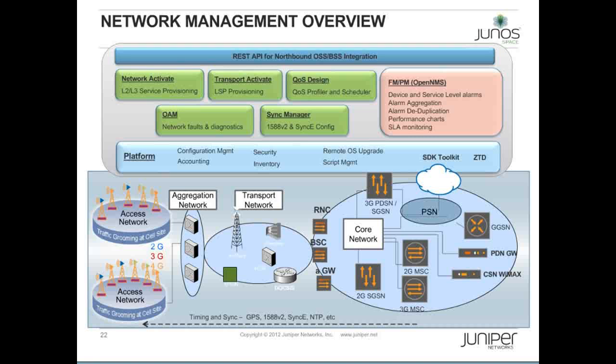Essentially, the workflow would look like you use Junos Space to configure a configuration profile for a device, and you either enable this profile via DHCP configuration or through a USB. From the warehouse, you take the stock device to the cell site or the street cabinet, turn it on.